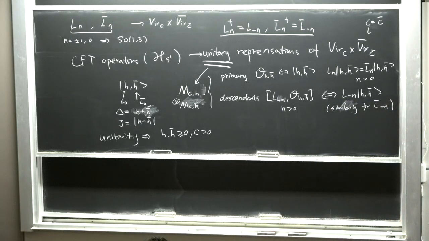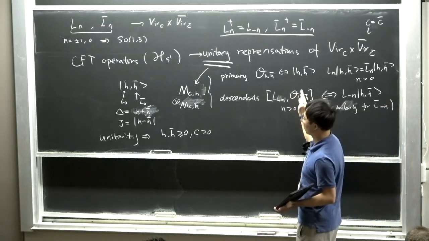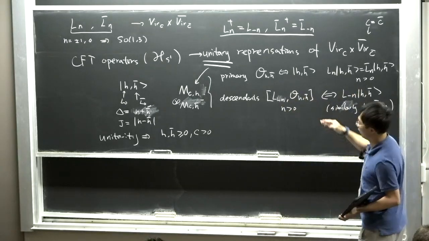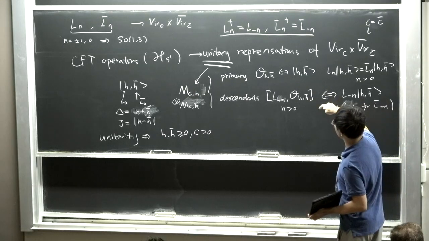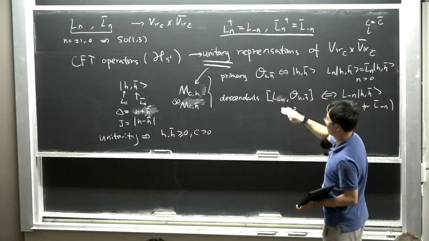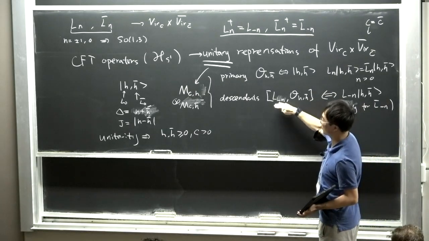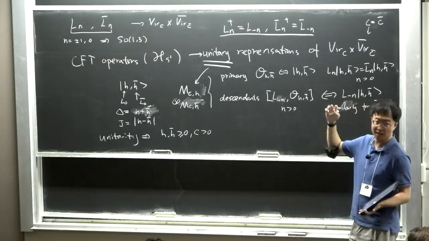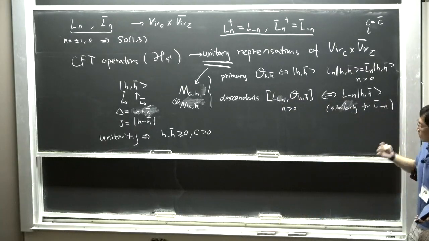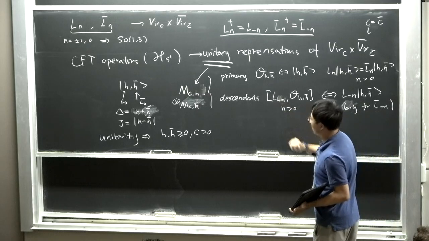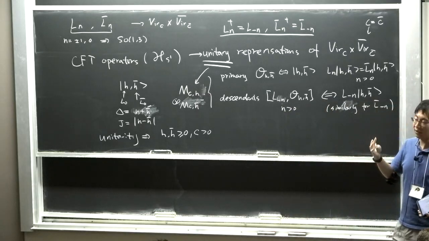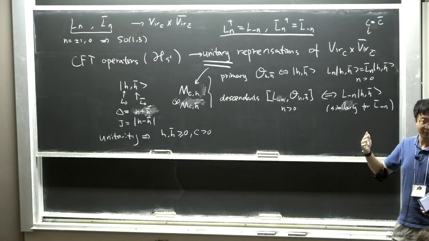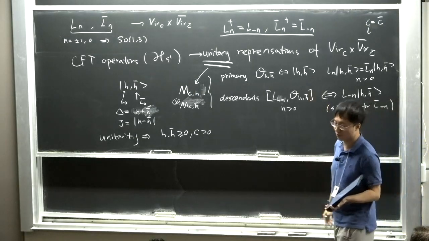You can repeatedly act on these local operators and corresponding states with these raising operators. It may be confusing, but they are raising in the sense that they increase the conformal dimension, and the way you can see that these generators with negative subscript increase the conformal dimension is by looking at the Virasoro algebra. They're just like the raising operators that you encounter in quantum mechanics.